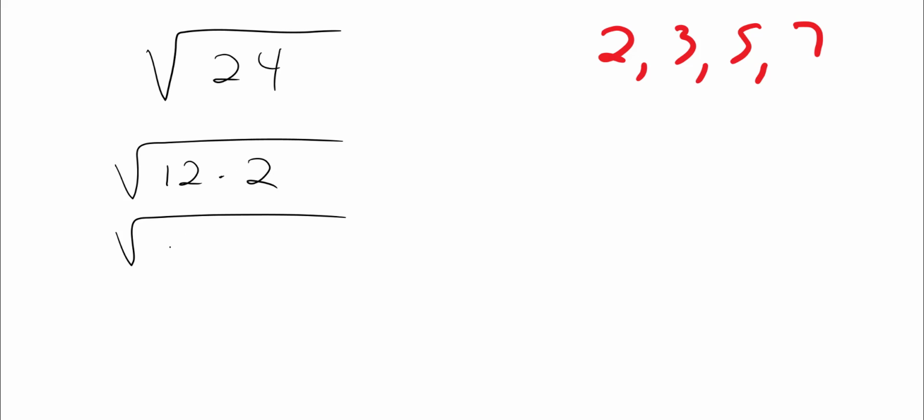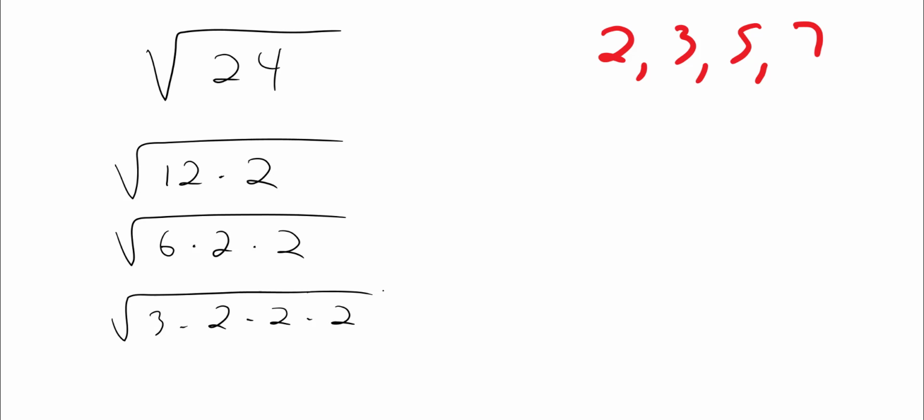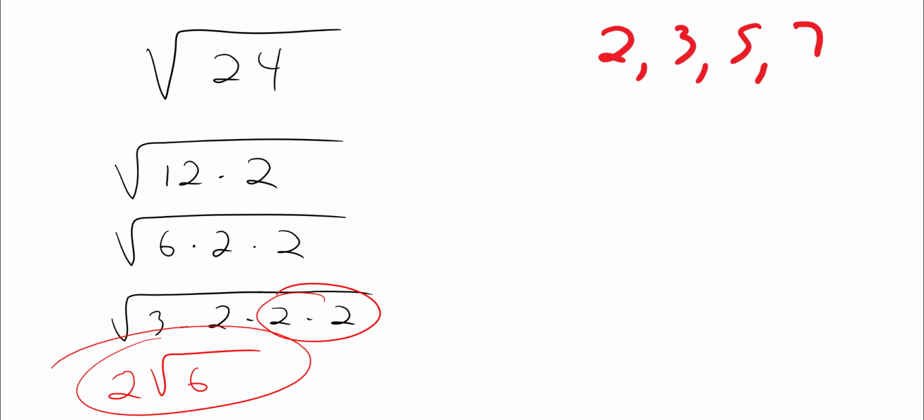I can divide 12 by 2, so 6 times 2 times 2, and divide that 6 by 2, 3 times 2 times 2 times 2. My answer is, there's only one pair of 2's here. That's all I can take out, one pair of 2's. The rest of it I don't have a pair. So my answer is a 2 on the outside, and what's left over? 3 times 2 is 6, so it's 2 root 6. What? It's not bad, is it?